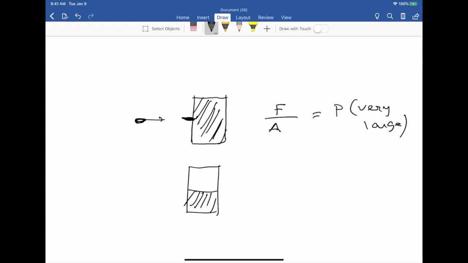And that very large pressure is now going to be almost instantaneously transmitted to every point in the fluid, because the container is completely filled with fluid. The fluid is fully enclosed inside the container. There's no air bubble or anything. So that entire pressure is going to be transmitted to every point of the fluid and the walls of the container.